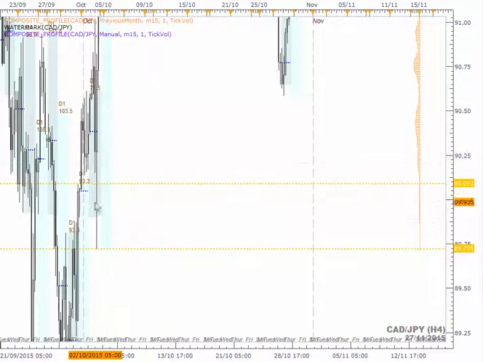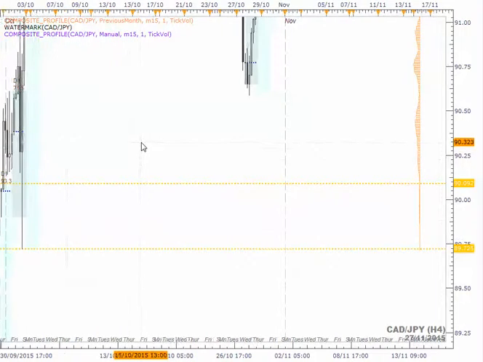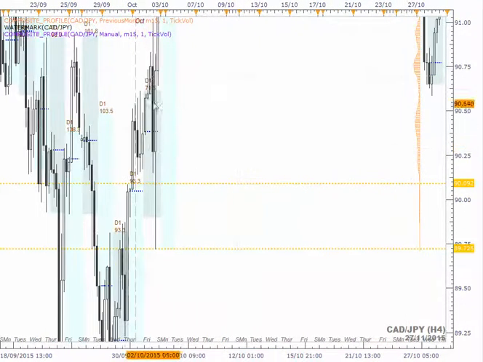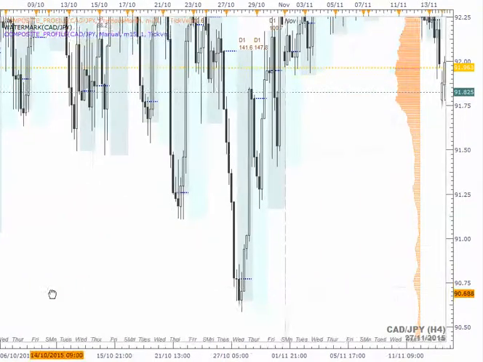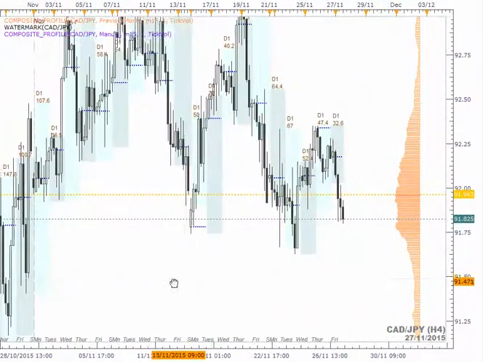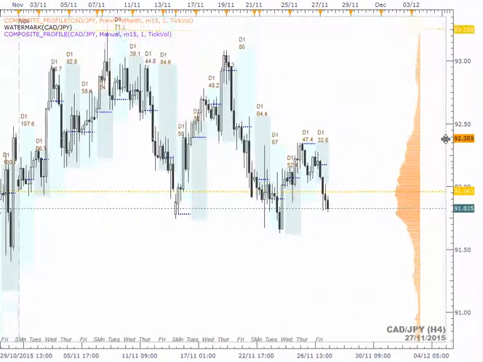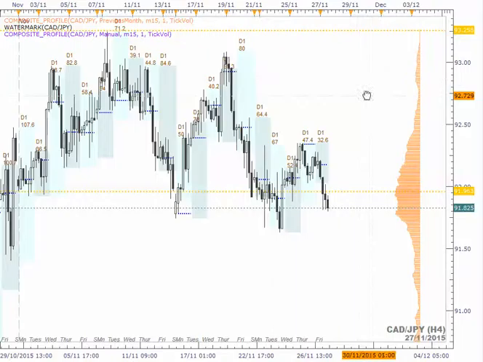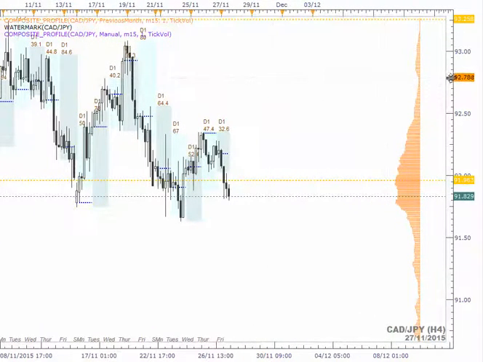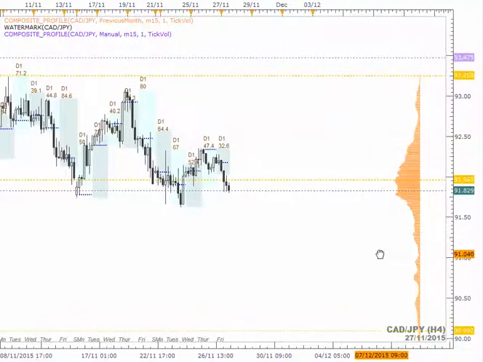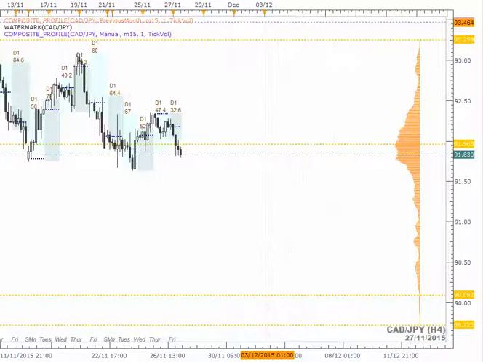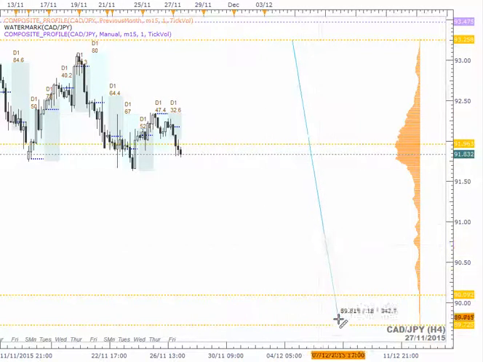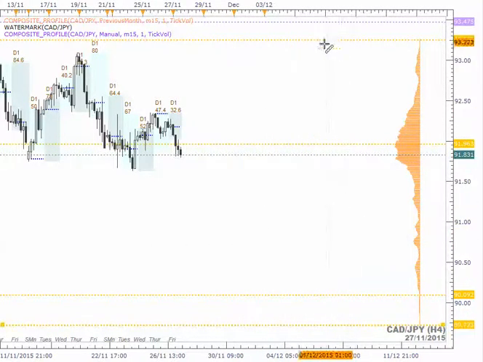You can see it shot down there within one 4-hour bar and then shot right back up and ended up closing to the upside, and then it continued its way up. But within this monthly volume profile, the range for October was pretty wide, about 352 pips.